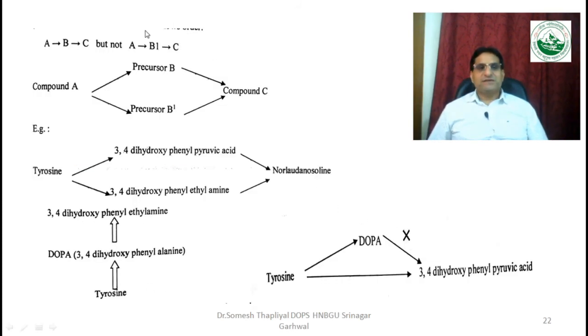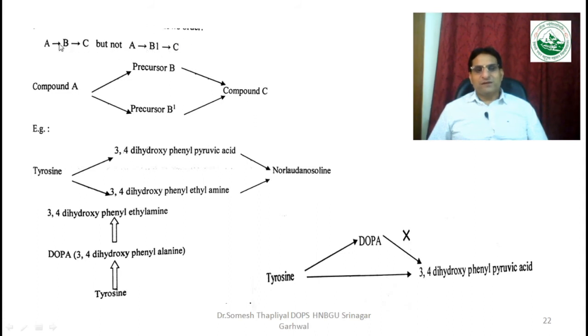So we can see there are two possibilities: A to B to C, where A is the precursor, B is the intermediate product, and then we obtain compound C, but not through A to B dash. Suppose B is the radioactive isotope which we labeled in the compound, and this radioactive isotope activity also appears in the final product, that is C. In that case the other pathway will not be followed.